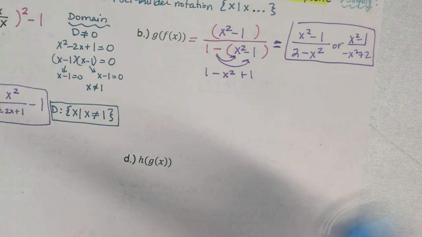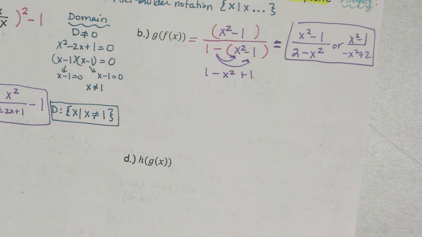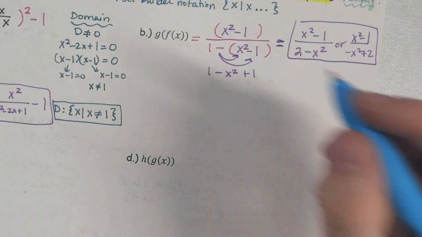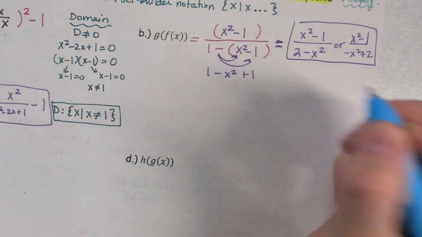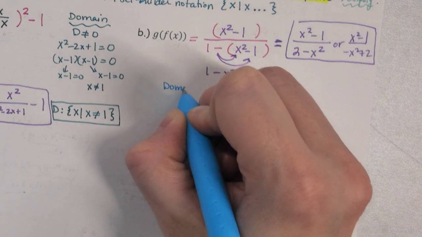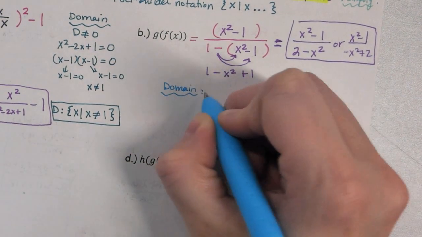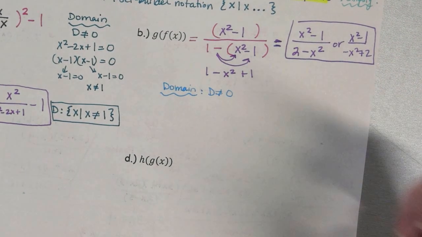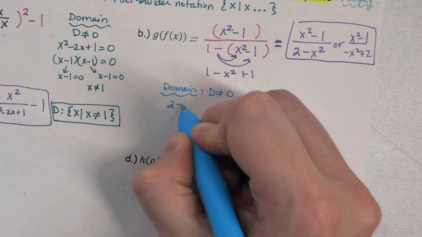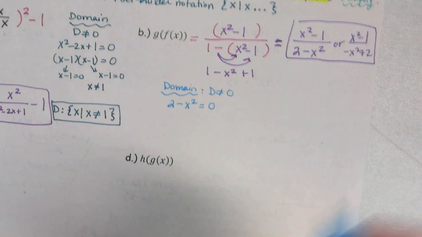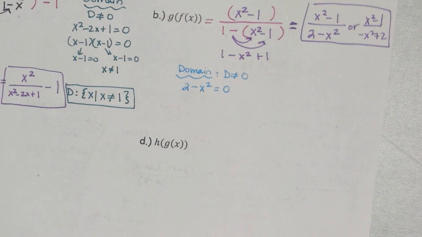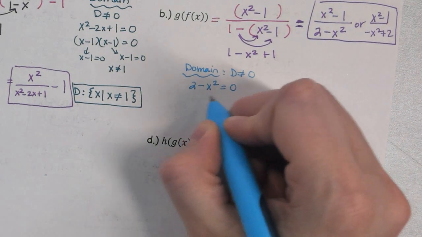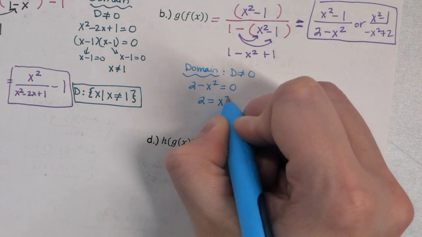Okay, so again, we just ask ourselves, is there a fraction? If there is, then you take the denominator, okay, and since the denominator can't equal 0, you just set it equal to 0 and solve. So if you have 2 minus x squared equals 0, I would solve by adding this to both sides.